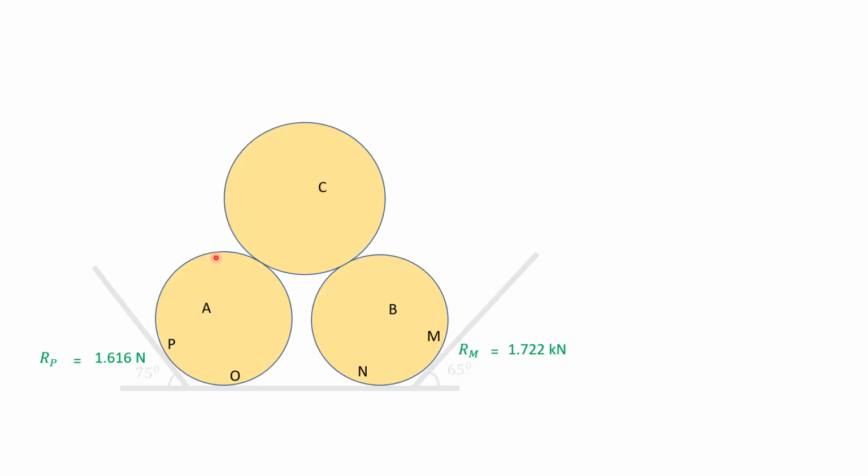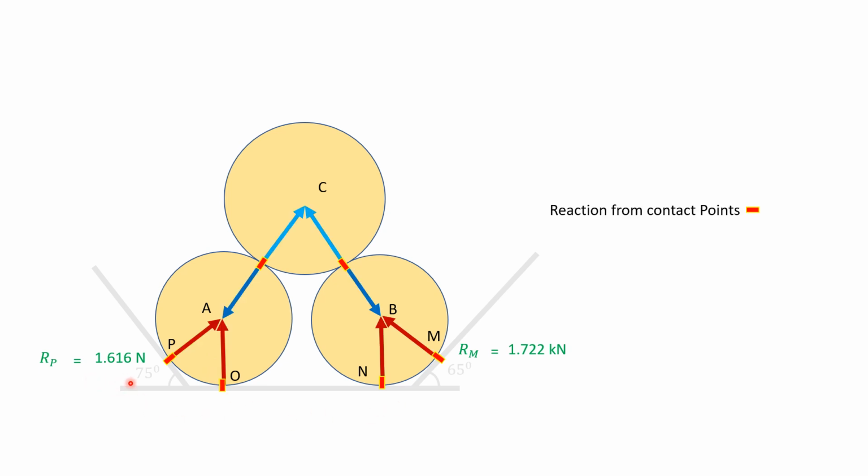What we got are the reactions at contact points RP, RK, RL and RO. So these are the reactions at contact points we got.